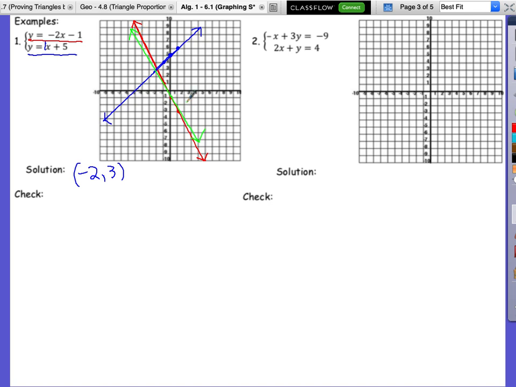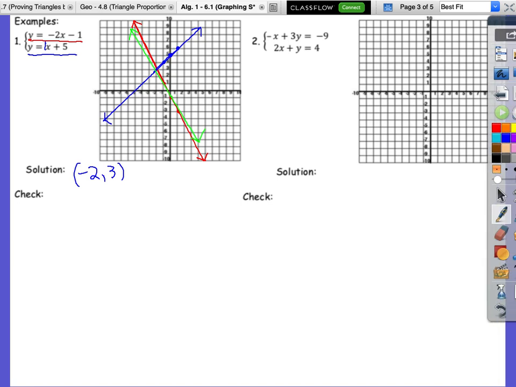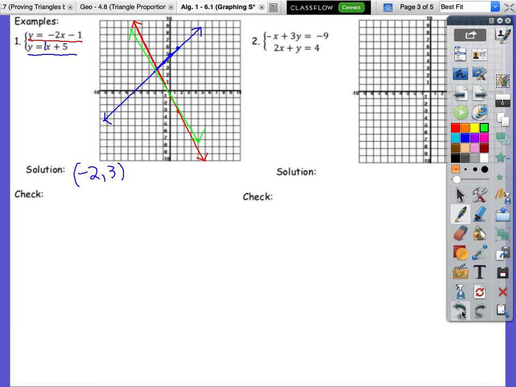Not really, it's pretty close, right? But is the intersection different? A little bit, it might make you think it's somewhere else. So we have to be really, really careful when we draw our lines that we go exactly through our points.